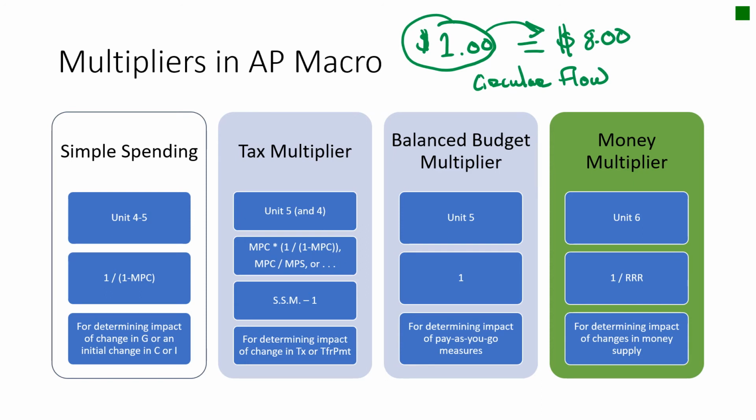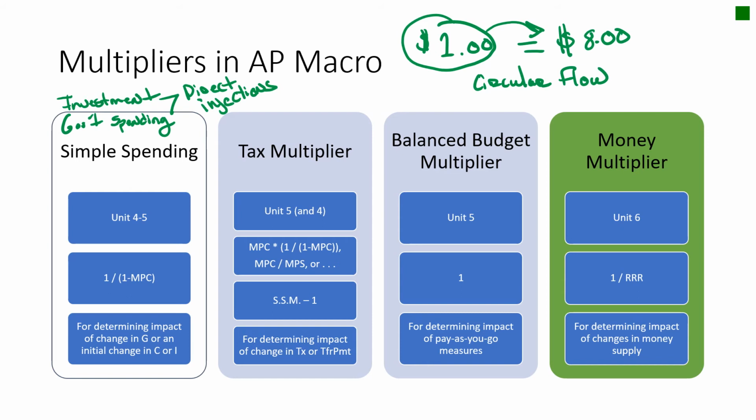So there are different multipliers for different tools. When we start talking about just injections into the economy, meaning government spending or investment spending, we're going to characterize these as direct injections, meaning all of the money that goes in circulates through the economy.